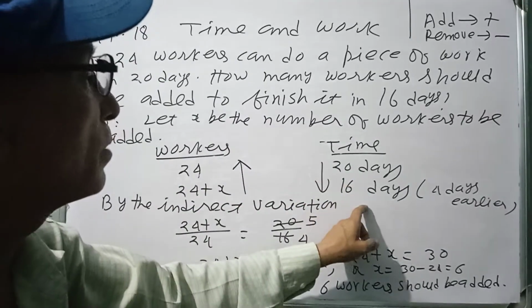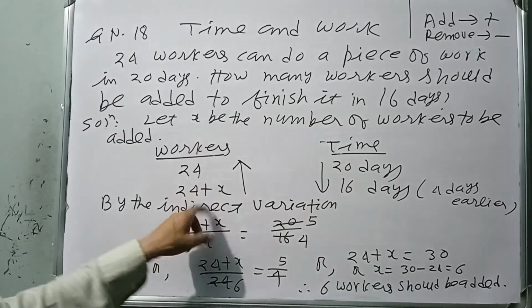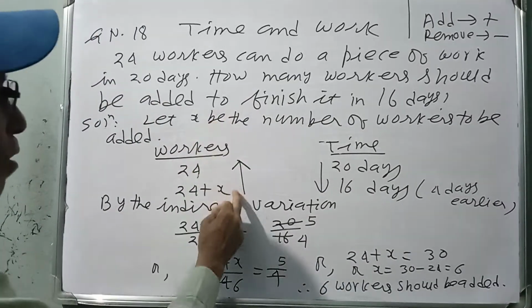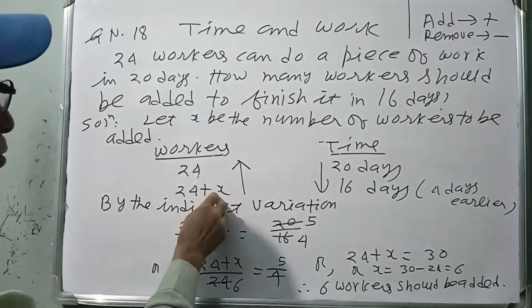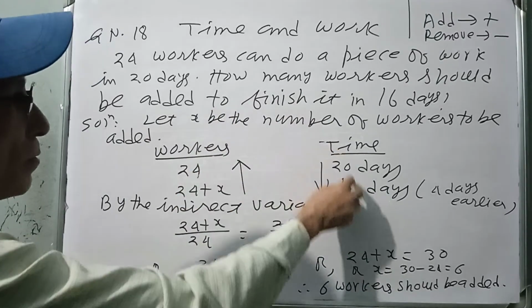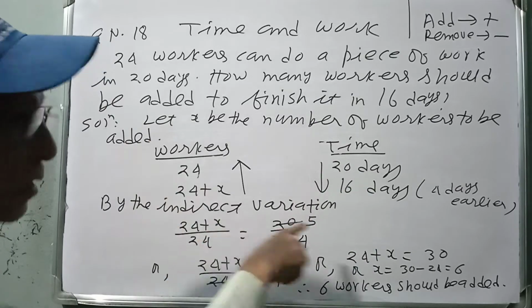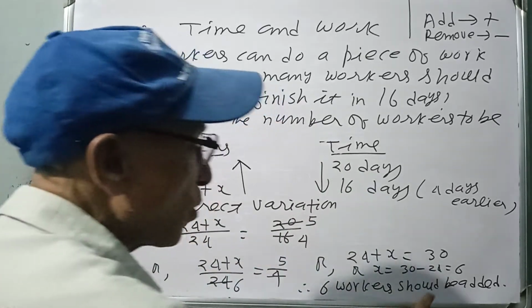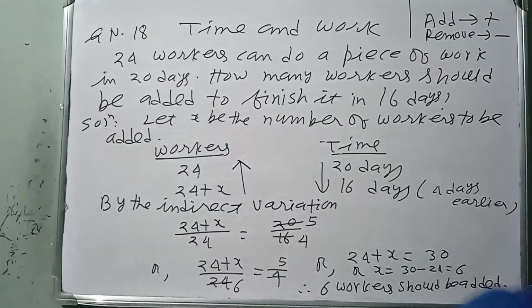To finish the work in more time, workers should be removed. So it is an inverse variation, arrow up and arrow down. Cross multiply 24 plus x over 24 equal 20 over 16 and find the value of x. So 6 workers should be added.